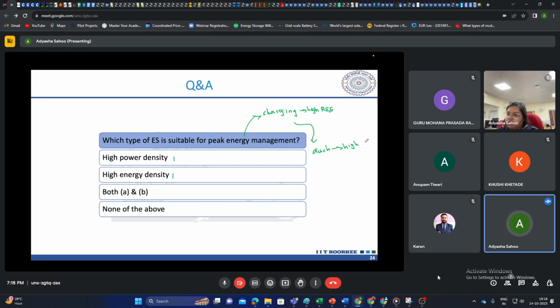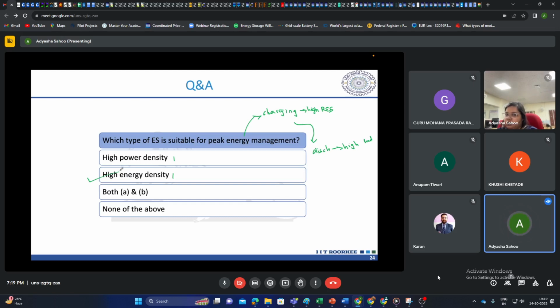So if you use a high power density device, it may not effectively store this amount of power for a greater period of time. So for storing this over a long period of time, we need high energy density.